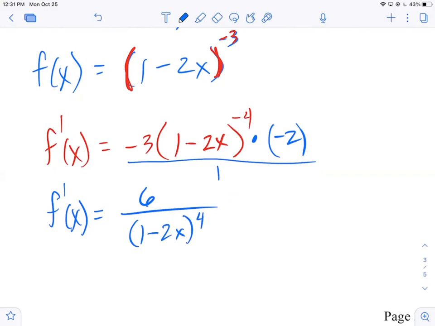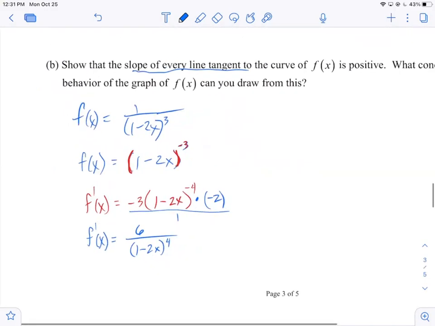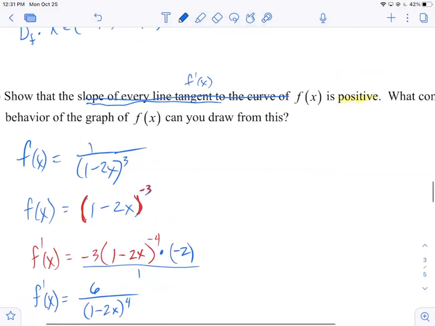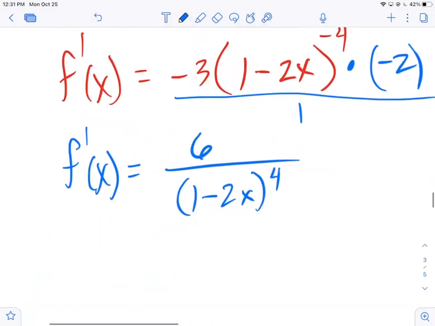Beautimus. Now, go back to the question because I forget what it was asking. It says, show that the slope is always positive. So I can rewrite that to show that the derivative is always positive. Well, let's see. For any value of x in the domain, which is everything except the half, what is the numerator going to be? Positive.